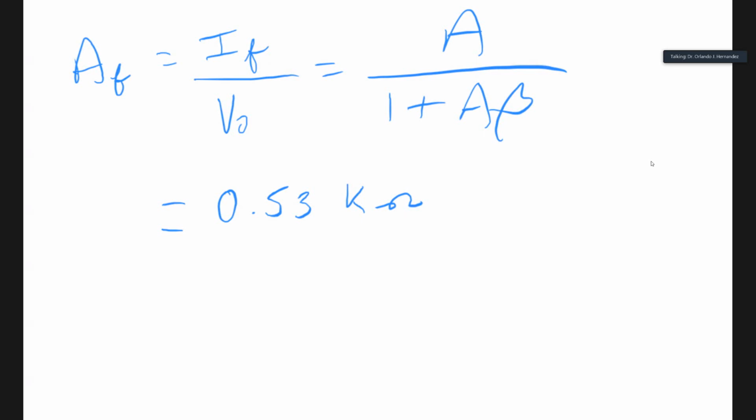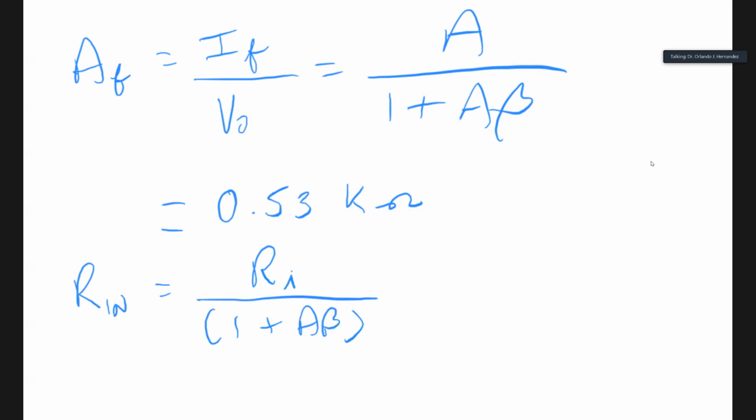And with the Rin and Rout that we calculated before, remember that the closed loop is always the open loop divided by the feedback factor.